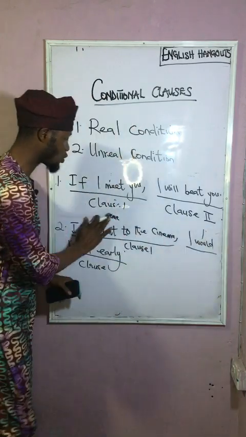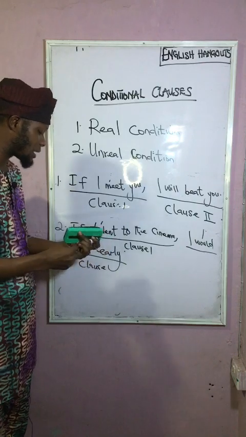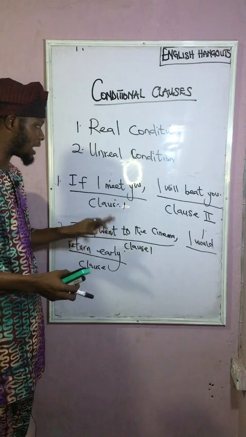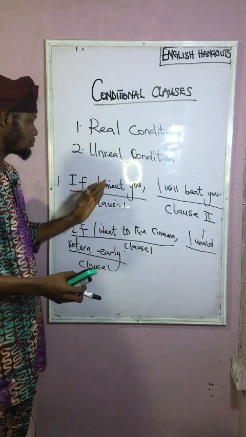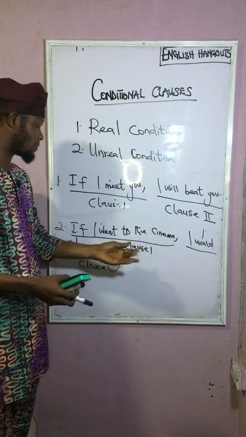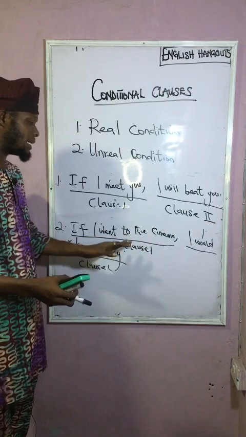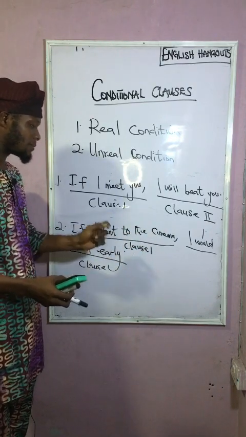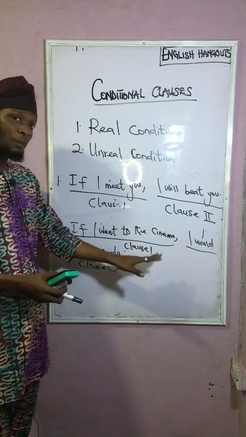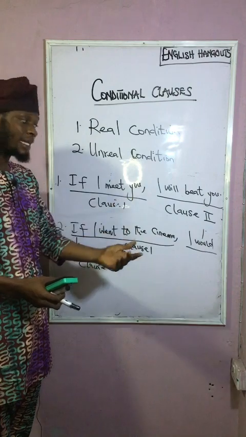Therefore, this particular event being talked about in the second example is a typical example of an unreal condition. If I went to the cinema, I would return early. This shows that I did not go to the cinema. The event being talked about here is unlikely to happen.